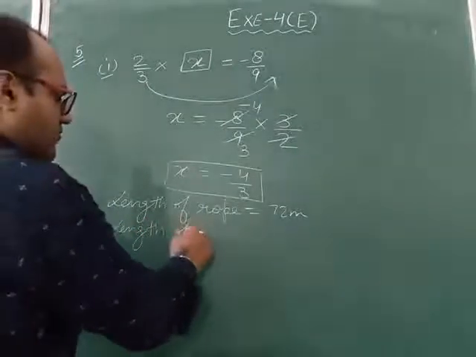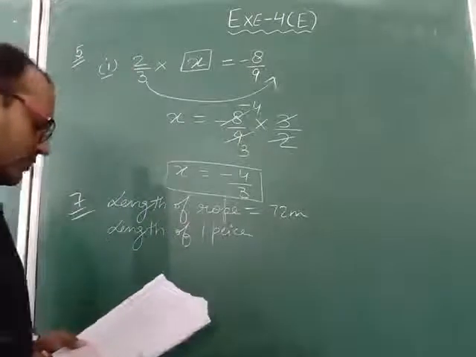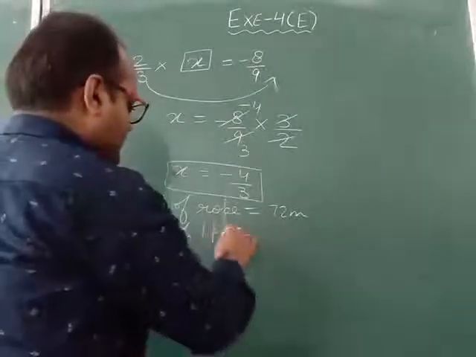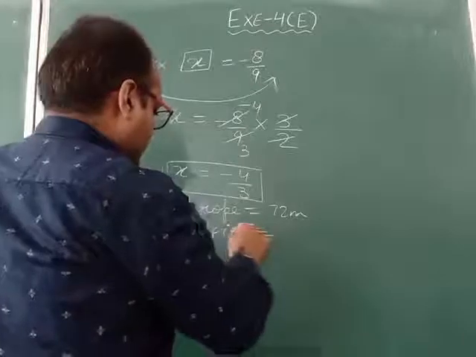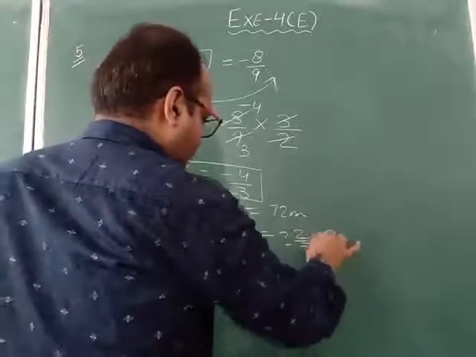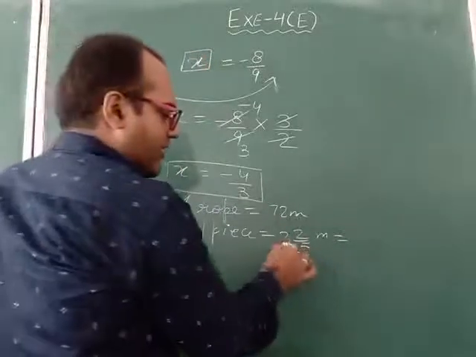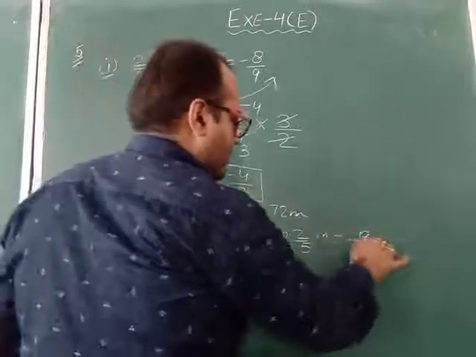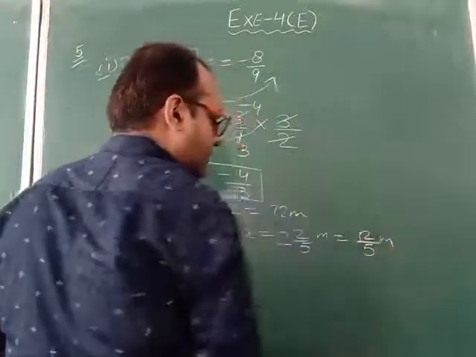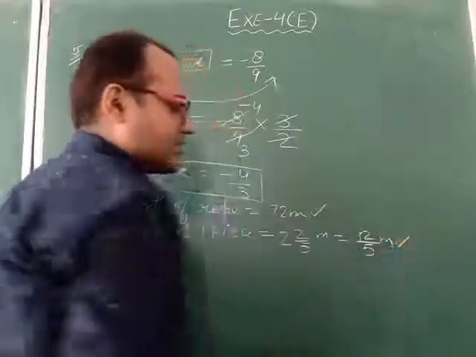The length of one piece is given, 2 whole 2 upon 5 meter. When we convert this mixed fraction, we get 5 twos are 10, 10 plus 2, 12 upon 5 meter. So the total length is this much and one piece length is this much.